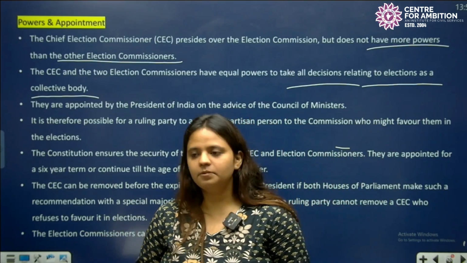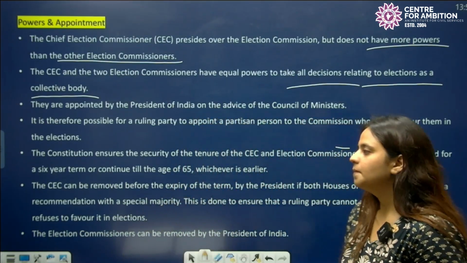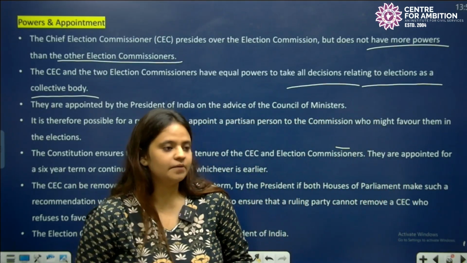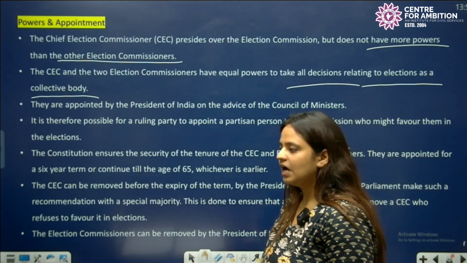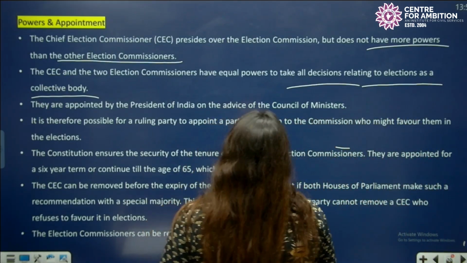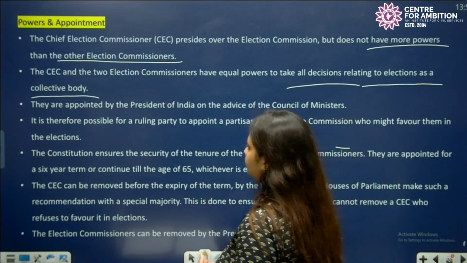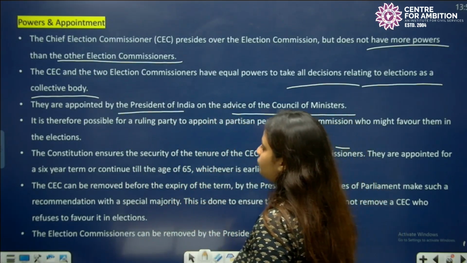There was a sharp difference between the opinions of the CEC and ECs. But in the present scenario, the CEC and the other two ECs have the same power in regard to the decisions that are made on the elections. Okay. They are appointed by the President of India on the advice of the Council of Ministers.